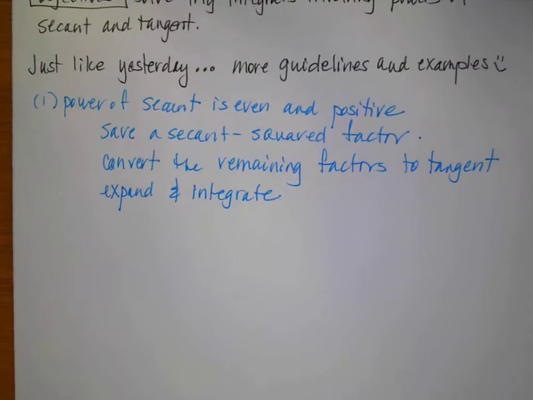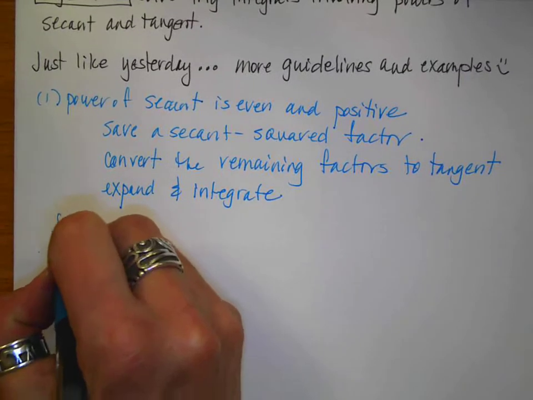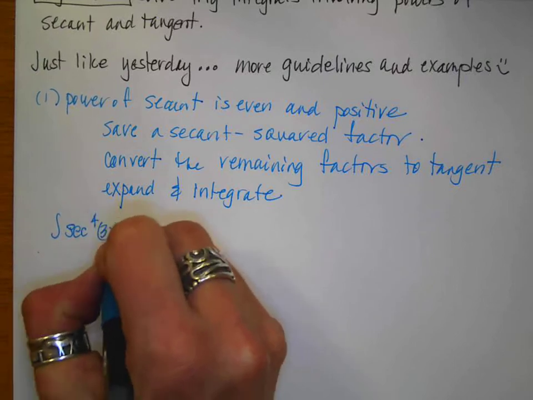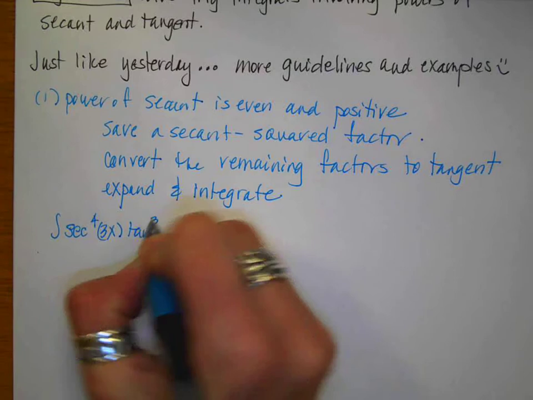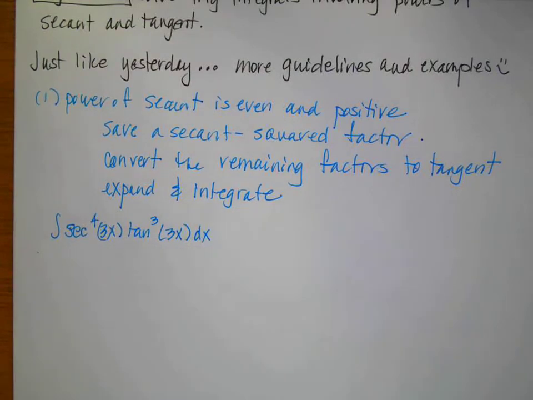So let's work through our first problem. We're going to have the integral of secant to the fourth of 3x times the tangent cubed of 3x, and then I have a dx sitting out on the end.